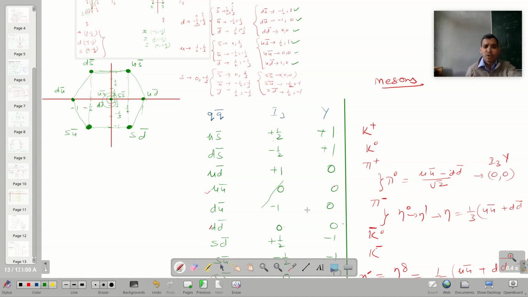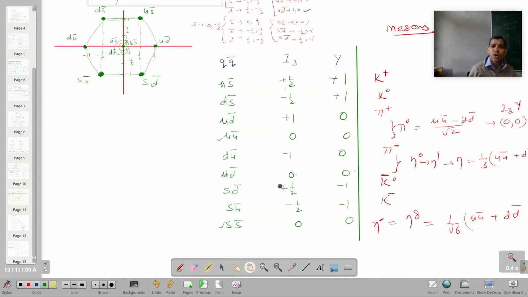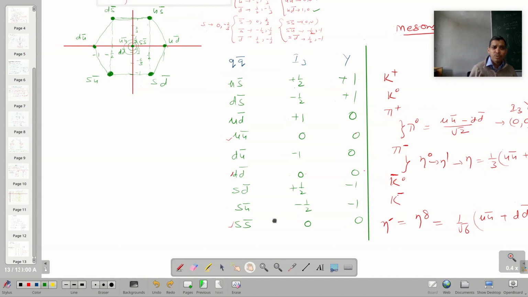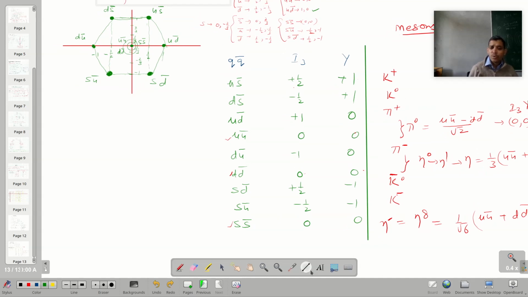For the meson octet, I am now plotting the meson octet.